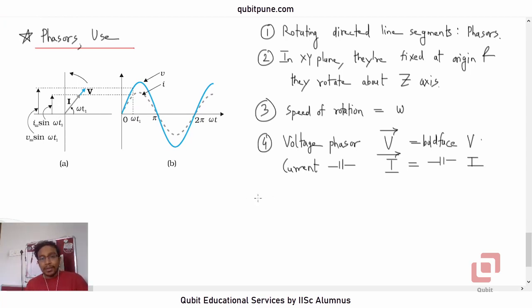Now, how can we determine the instantaneous value of the current? To determine the instantaneous value, we project them either horizontally or vertically. In your book, they have projected these phasors on the y-axis, on the vertical axis.